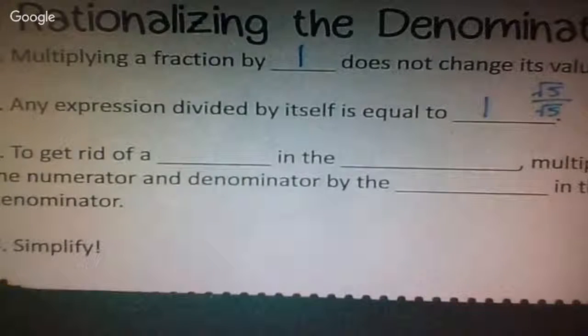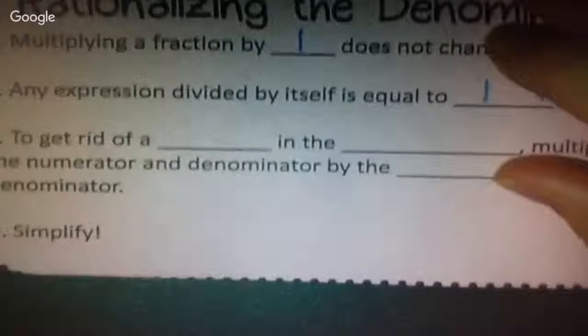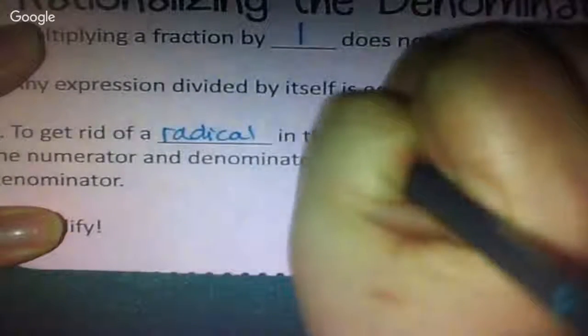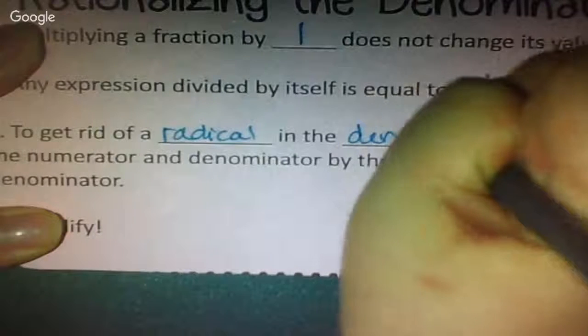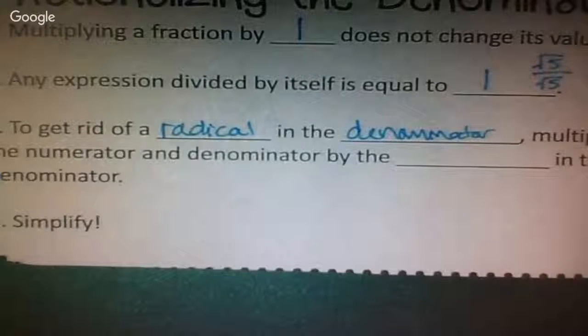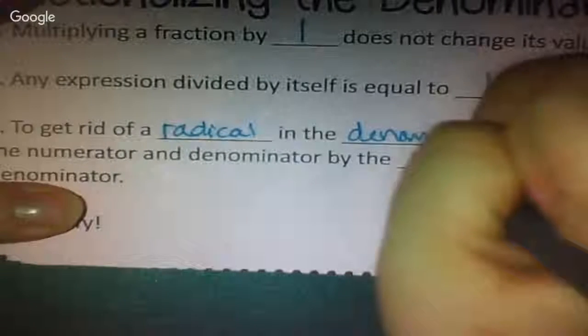It only goes in once. So, to get rid of a radical in the denominator, we multiply both the numerator and the denominator by the radical in the denominator.